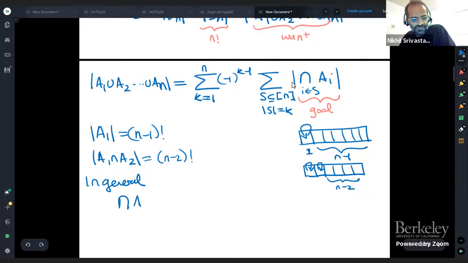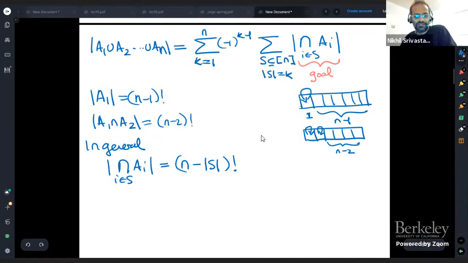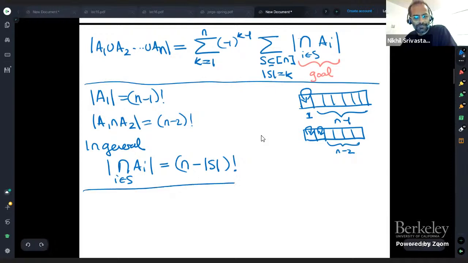If you fix the elements in a subset S, the cardinality is going to be (n minus the cardinality of S) factorial, because those are fixed and there are n minus that cardinality remaining elements. So that's what we wanted to calculate.